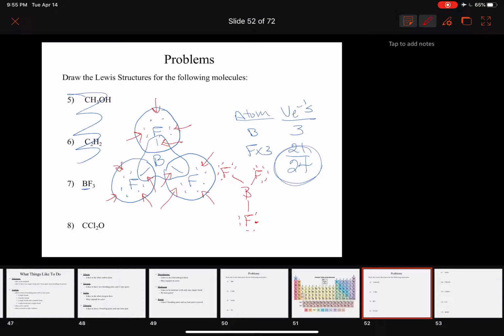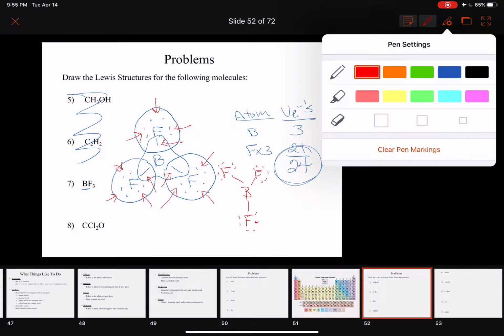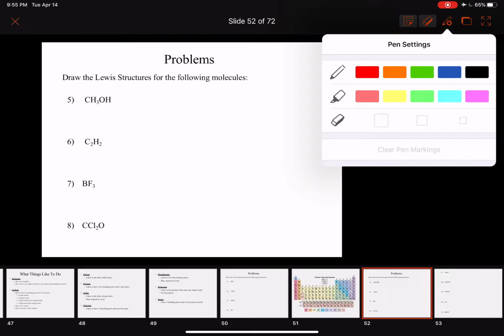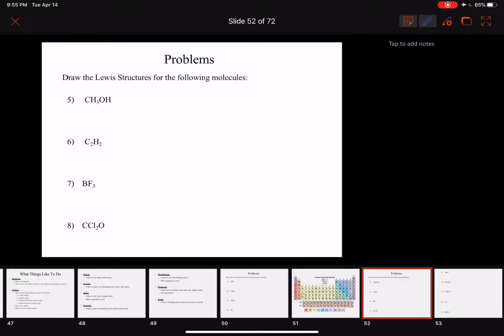Okay, last one on this slide. CCl2O. Let's figure this one out. Okay, we have a carbon, we have 2 chlorines, and we have an oxygen. Now what we said about carbon is that it likes to be central.